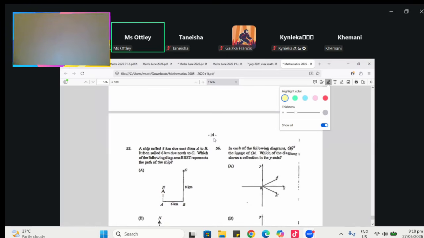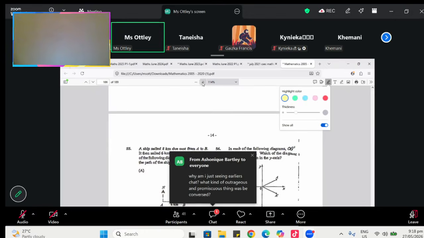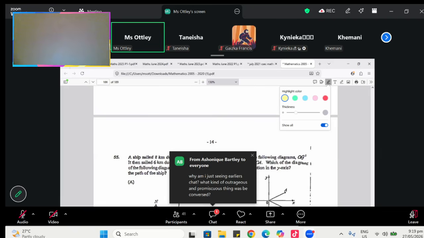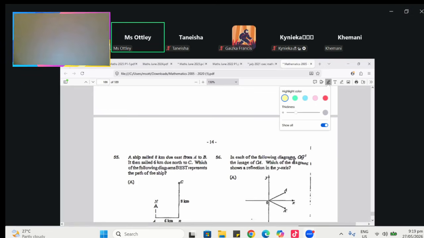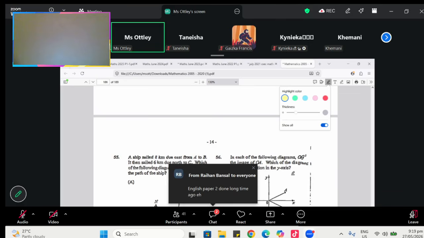All right, 56. In each of the following diagrams, OA prime is the image of OA. Which of the diagrams shows a reflection in the y-axis?